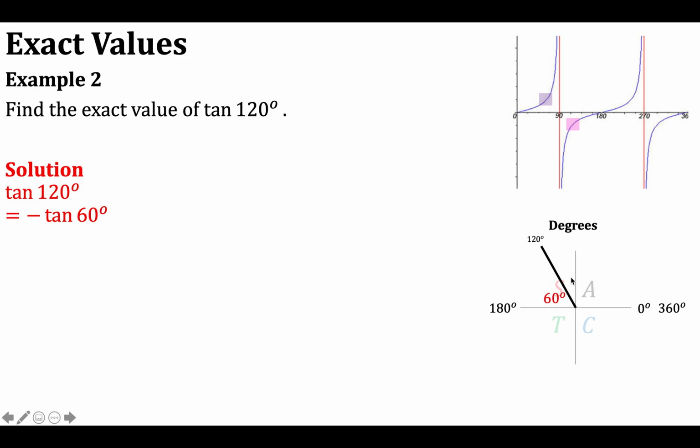It's only sine that's positive, remember? So that tells us that tan 120 is the same as negative tan 60, which is what we got from the graph as well. Tan 60 is root 3, so negative tan 60 is negative root 3, and that's our final answer. Again folks, pause the video and copy this down into your notes jotter.